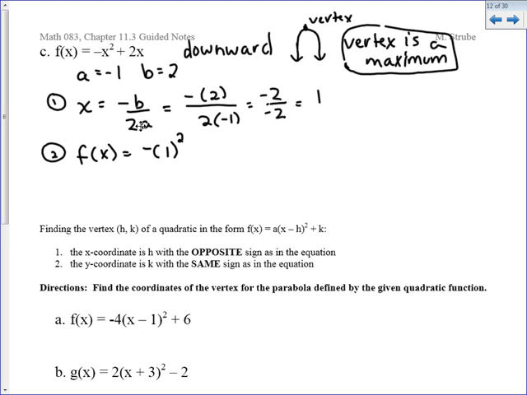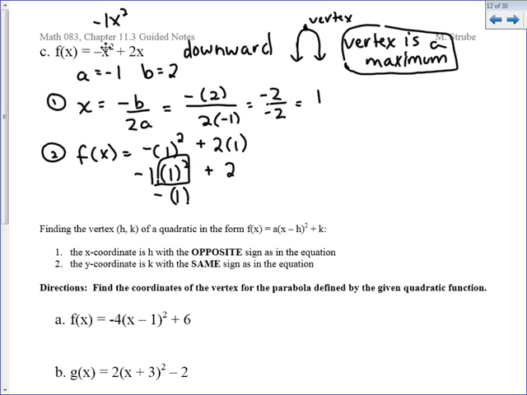Another way you can look at that, if you have a hard time with that, is look at this as negative 1x squared. So negative 1 times 1 squared. And then when you follow your order of operations, you do the squaring first, then you just multiply the answer by negative 1. I find people usually don't have trouble if I put like negative 2 out front, but as soon as I just stick a negative sign there, it throws them off. You can also treat it as a negative 1. And then just plus 2 times 1. It's going to be 1 times the negative 1.